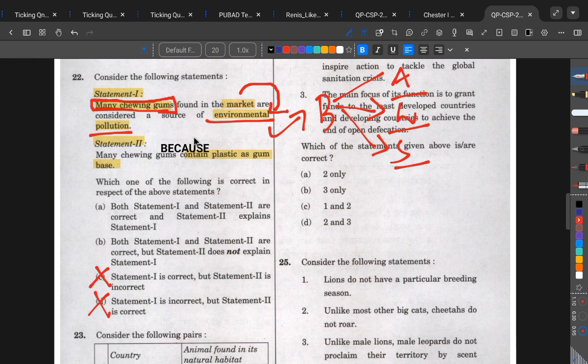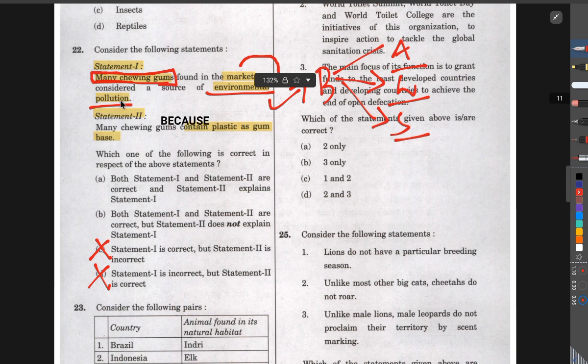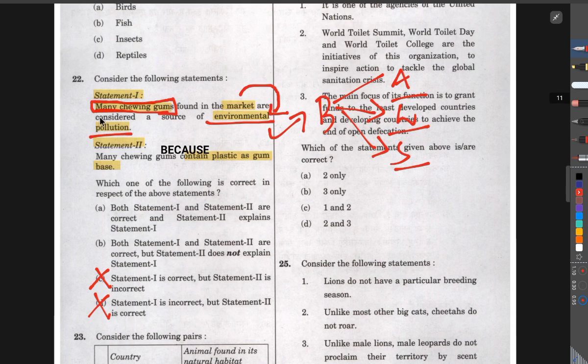Now read the question: many chewing gums found in the market are considered a source of environmental pollution because many chewing gums contain plastic as gum base.